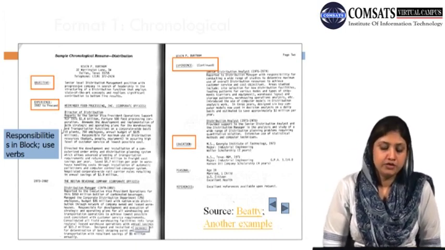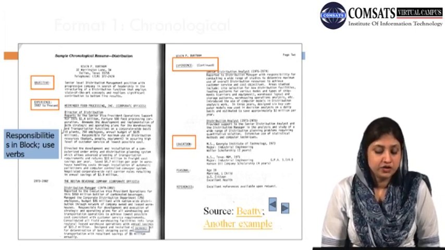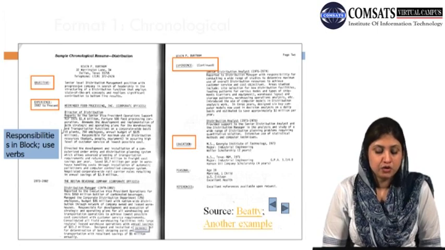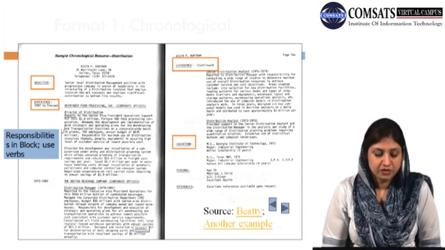Look at the chronological resume that talks about the objective: senior level distribution management position with progressive company in search of leadership in the structuring of a distribution function that employs state-of-the-art concepts and realizes significant contribution to bottom line results. Then you talk about your experience yearly.